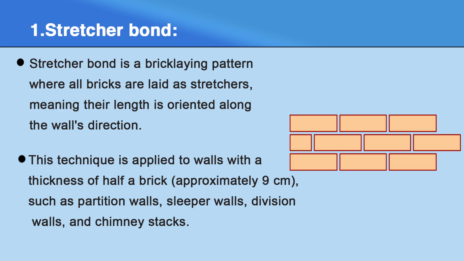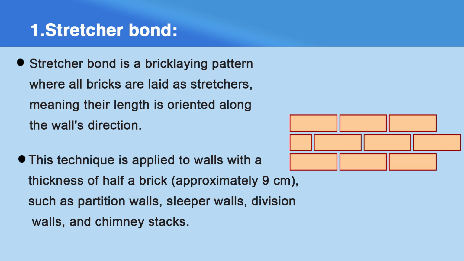The internal walls that divide the total space within a building without bearing the structural load of floors or the roofs. So, that is the kind of wall, partition walls.